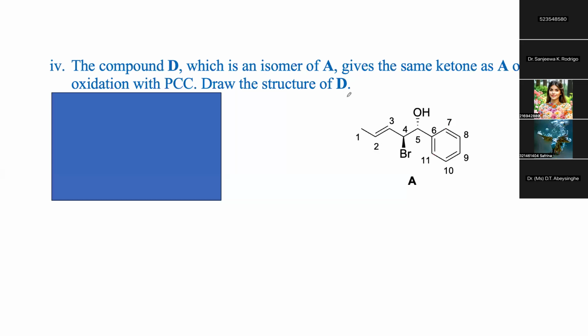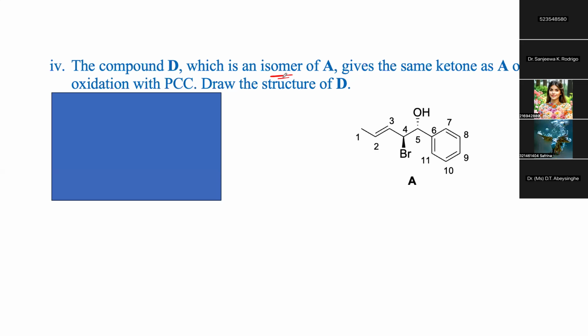Right. So the last question is the last part, I think, of the same question. It says compound D, which is an isomer of A. Again, it is an isomer of A. Remember, all these enantiomers, epimers, all these are isomers.